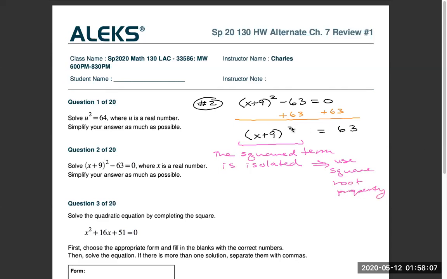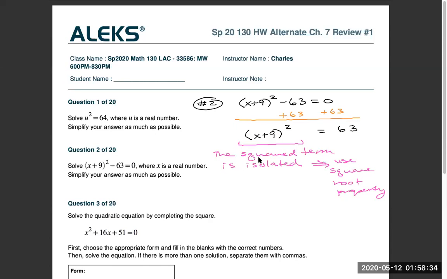Emphasis though, you only want to have squared terms and essentially other terms that have x's in them. You don't want to have those there. So you don't want to have a plus x or something here because that'll mess everything up. Just want to have your isolated squared term and some number over here.